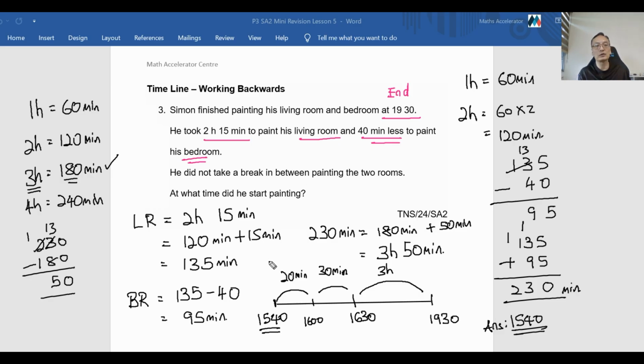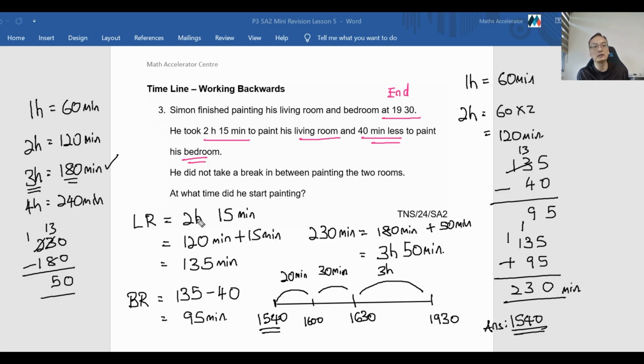So as you can see, this question requires multiple steps to reach the answer. Let's break down what we did just now. First of all, we converted the time that he took to paint the living room into minutes. 2 hours 15 minutes becomes 135 minutes.